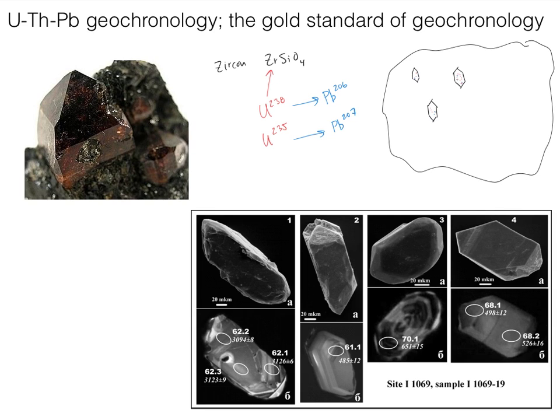And to add one more complication, but it turns out to be an excellent complication, it's not just uranium in here. We have uranium-238 and uranium-235, which decay to different isotopes of lead. So even though three different minerals in one rock will have different concentrations of uranium and lead, the ratios will be the same because the same amount of time has passed.